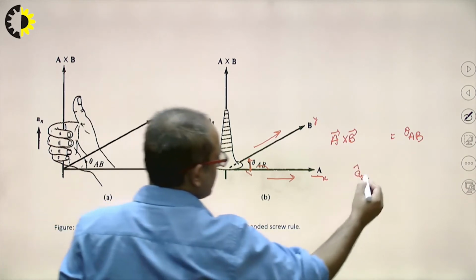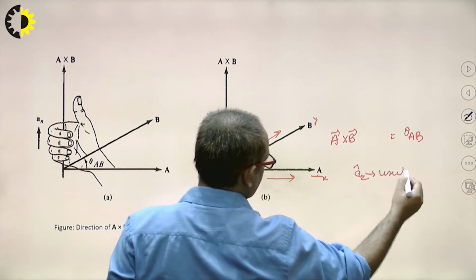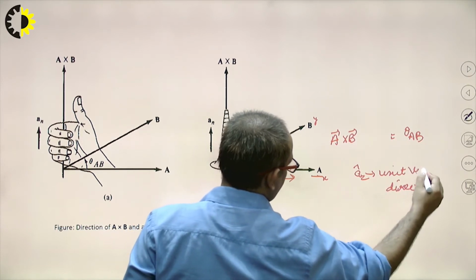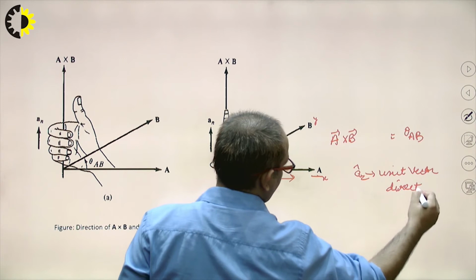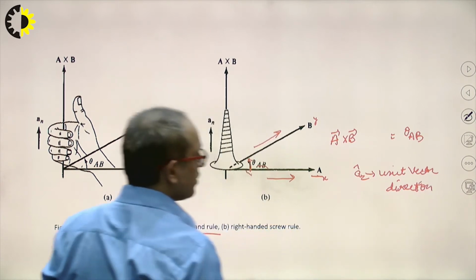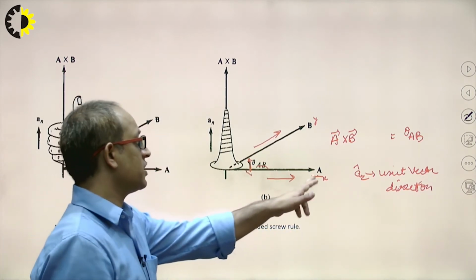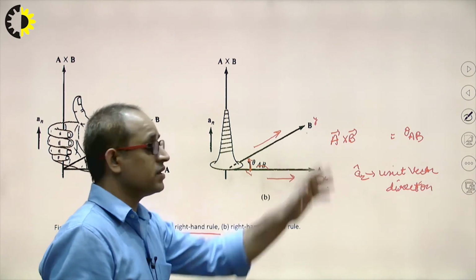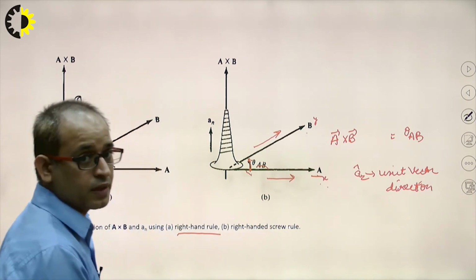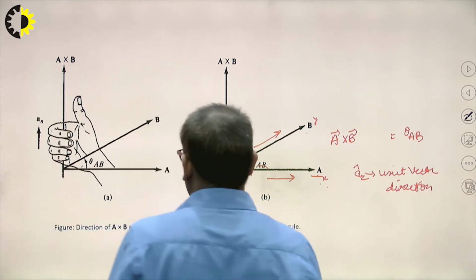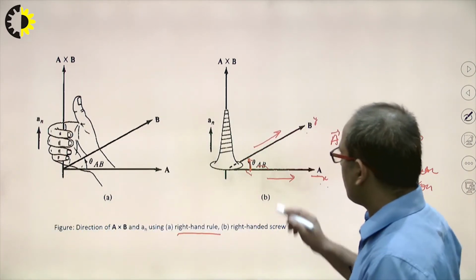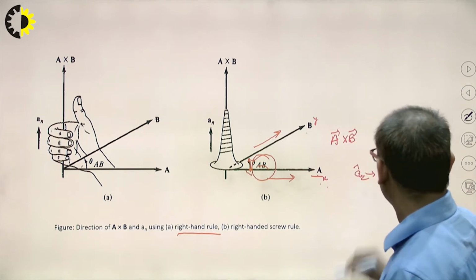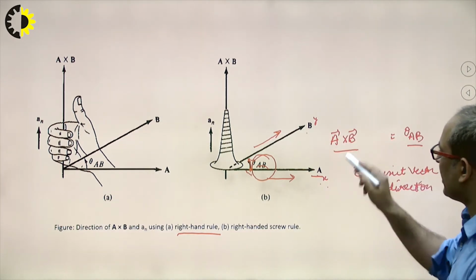If a vector is in the x direction and b vector is in the y direction, the unit vector will be in the a cap z direction. Clear? Always remember this direction: theta will be A to B when we are multiplying A cross B.